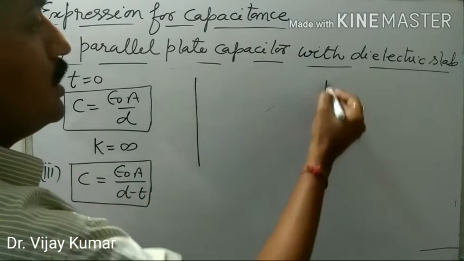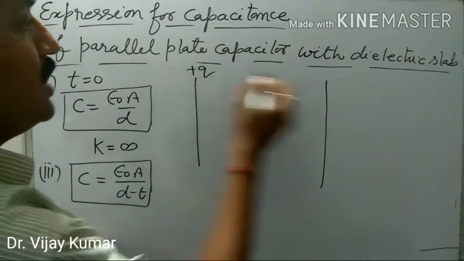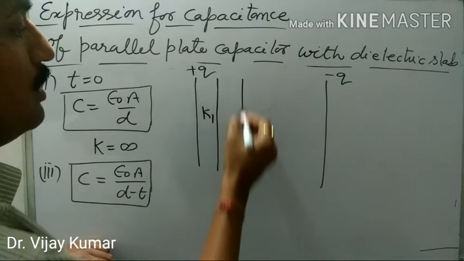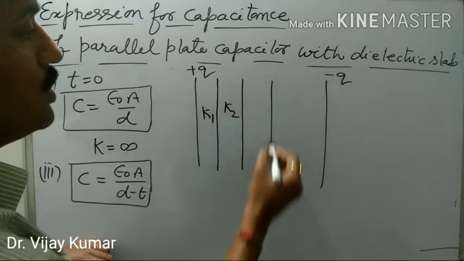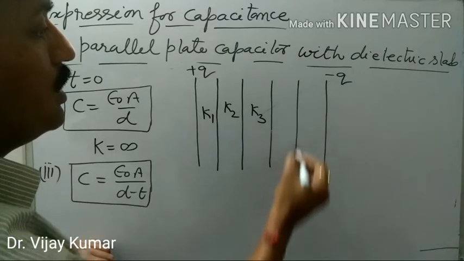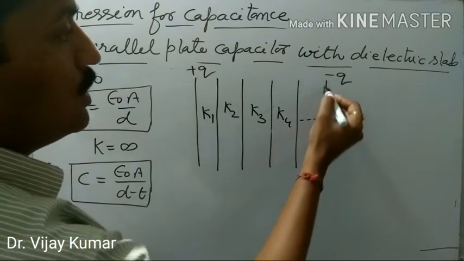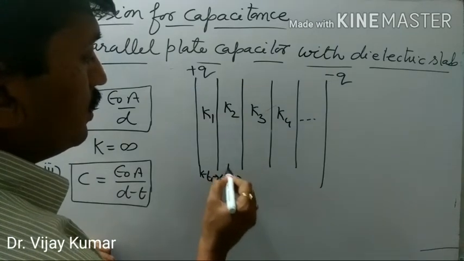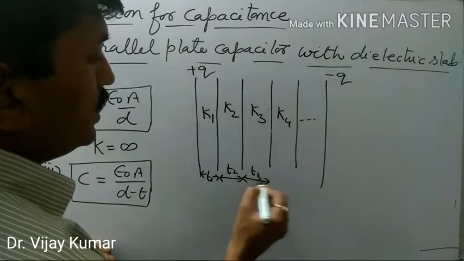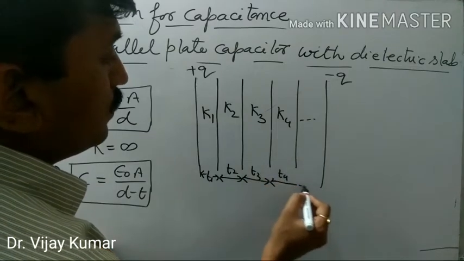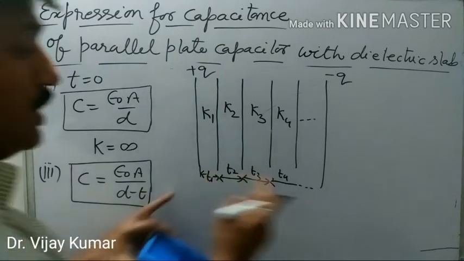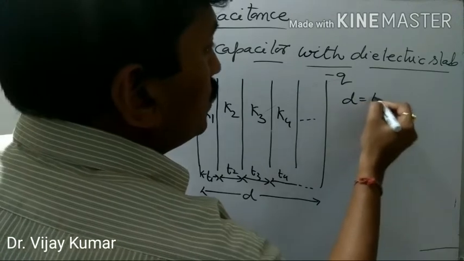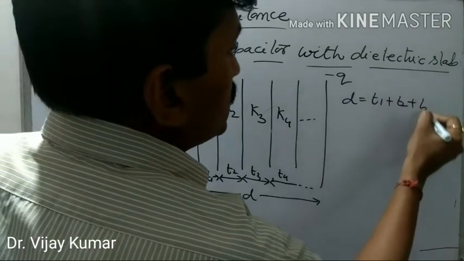Suppose this is plus Q charge, this is minus Q charge, and we fill a dielectric with dielectric constant K1, K2, K3, K4, and so on, and the thicknesses of these parts are T1, T2, T3, T4, and so on. Now this distance is D, and D becomes equal to T1 plus T2 plus T3 and so on.